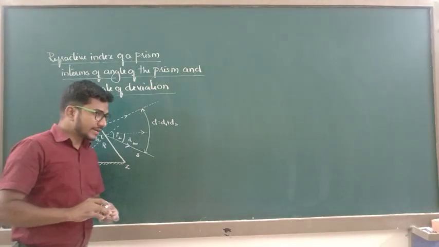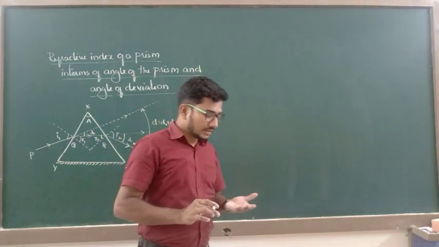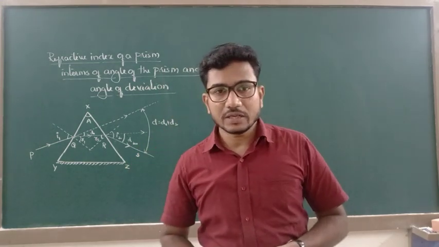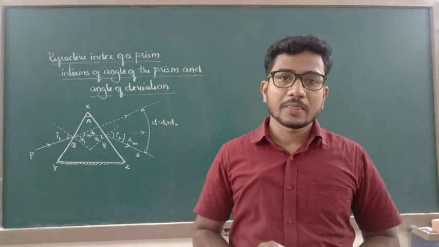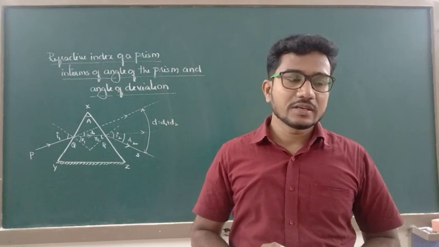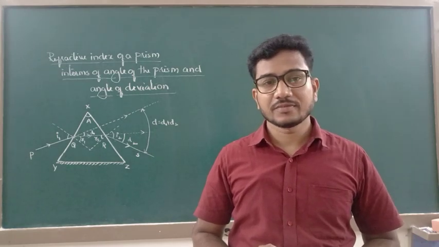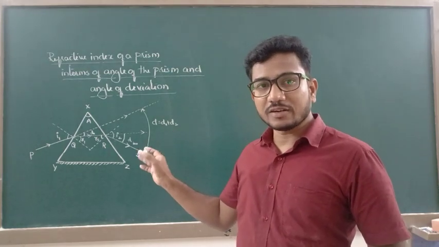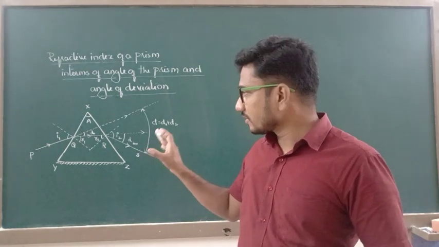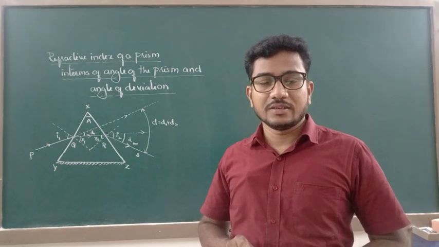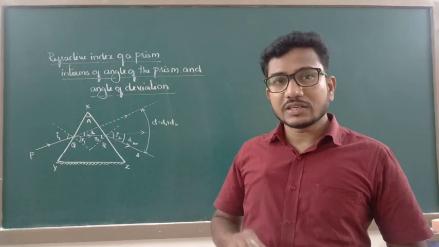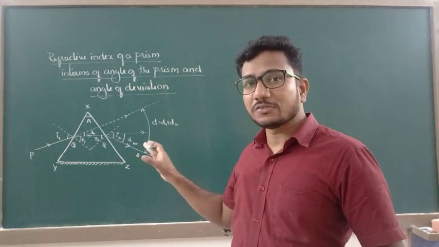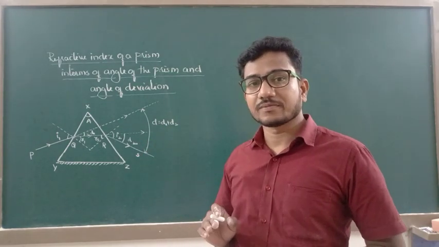See here, already I told to you people, except air or vacuum, in any other optical media, light undergoes dispersion. But in this ray diagram, we are not representing a dispersion of light. If you are going to consider dispersion of light, in this case, it is quite difficult to derive the expression.